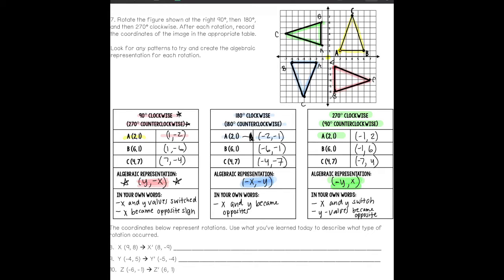Okay, so for 270 degrees clockwise, so that means the whole way around, okay, or just 90 degrees counterclockwise, which would be one way to the left, we take the opposite of y, and then we flip x and y, okay?